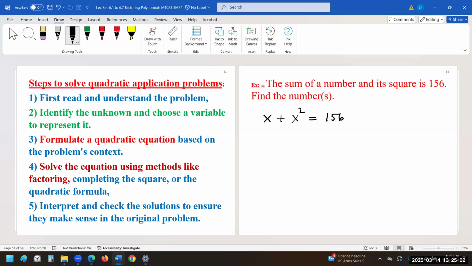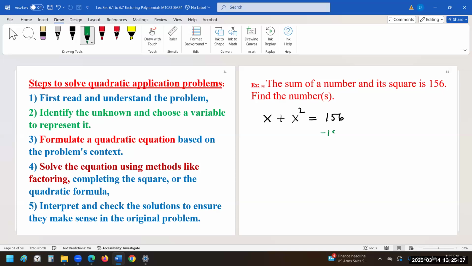Quadratic. Anytime the highest degree is 2, the name is quadratic. But it's not in order, right? So we have 2 unhappy things. First, the left side is not in order. And what's wrong with the right side? It's not 0. So how do you solve these two problems?